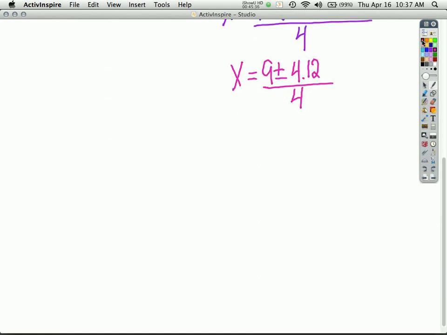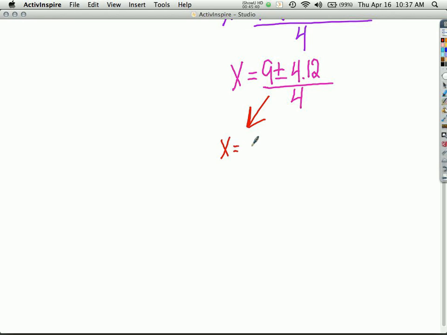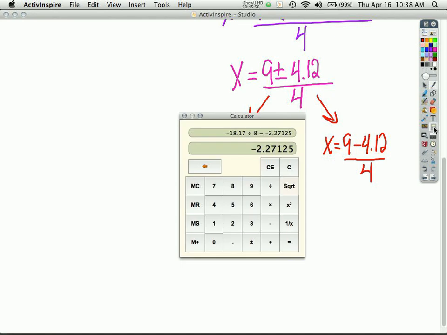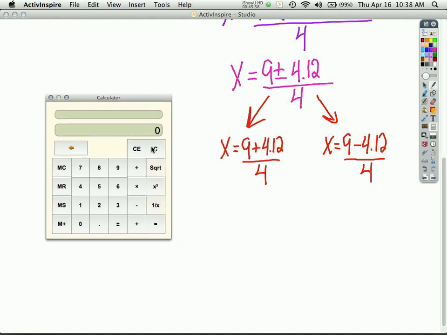So now we are ready to branch. Now we branch off to x equals 9 plus 4.12 divided by 4. And x equals 9 minus 4.12 divided by 4. Use your calculator. Go. You do it.